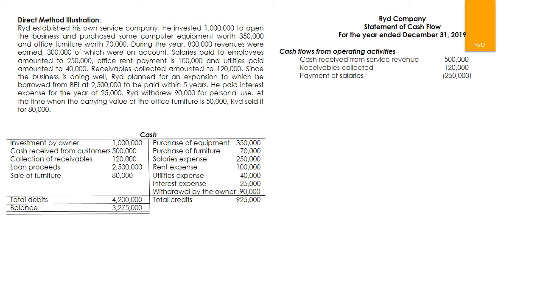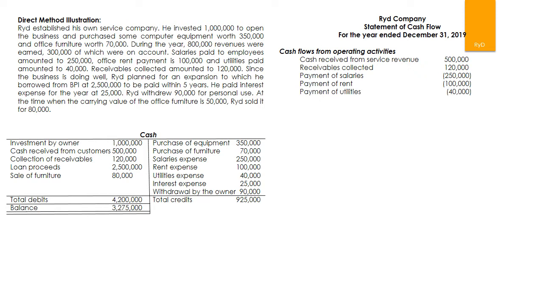So, class, whenever it is a payment, or we release cash, we just attach a negative sign. It can be a minus sign, class. It can also be open and close parentheses. This means, class, that it is a payment, so we deduct it. Okay? And then, we have our payment of rent at 100,000.